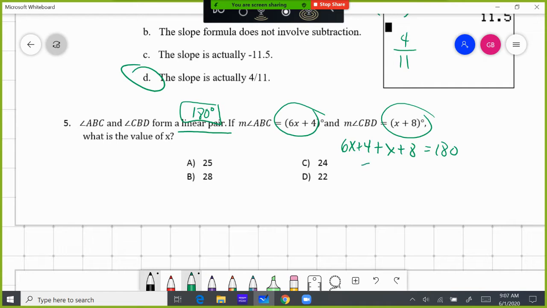So combine like terms. Subtract 12 on both sides. And then divide by 7. 168 divided by 7 is 24.